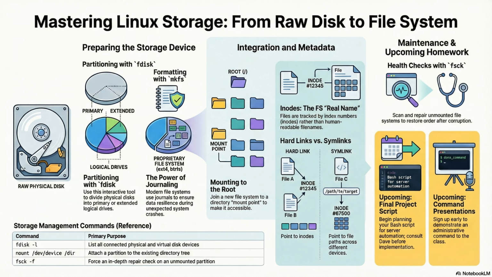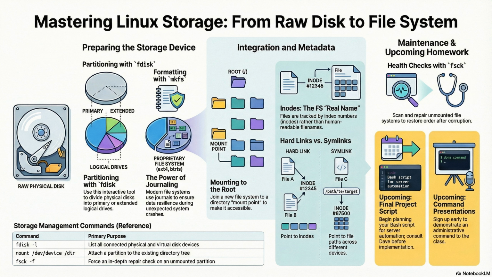So if the computer doesn't use the name to find the data on the disk, what does it use? It uses numbers, specifically an index number. We call it an inode. An inode. Okay, this is a term I hear tossed around by sysadmins a lot, usually when something is horribly broken. Very true. Every single file on a Linux system is identified by a unique inode number. The notes show this really clearly. If you run the command ls -i, the i stands for inode, you stop seeing just names. What do you see?